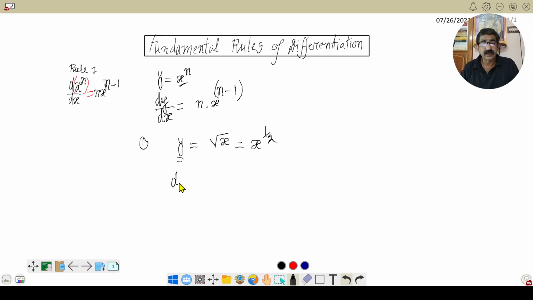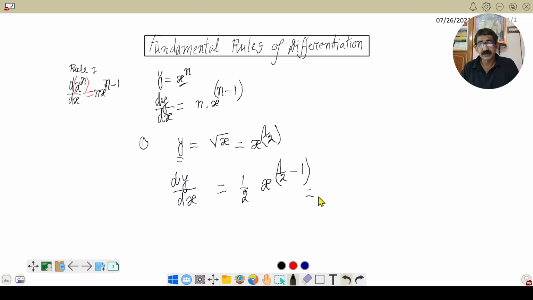Hence dy by dx is equal to, n means half, so half into x to the power half, and the power is reduced by 1, minus 1.